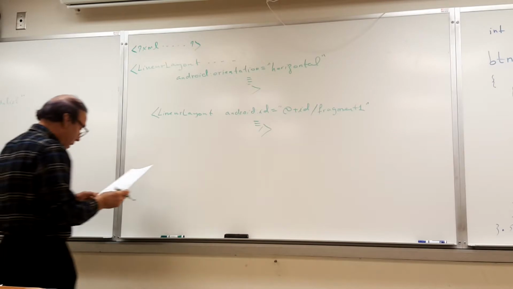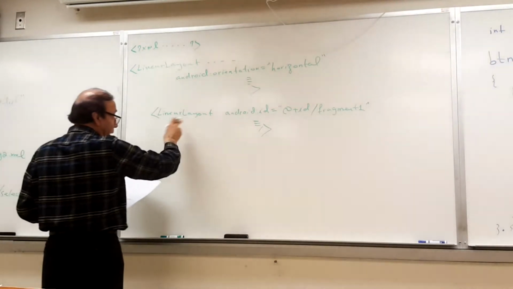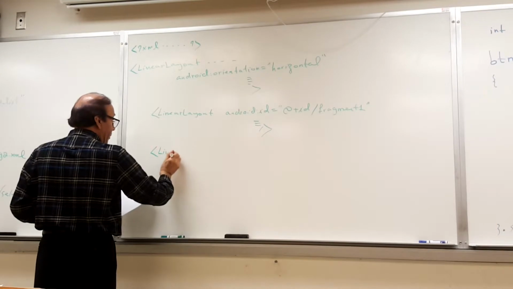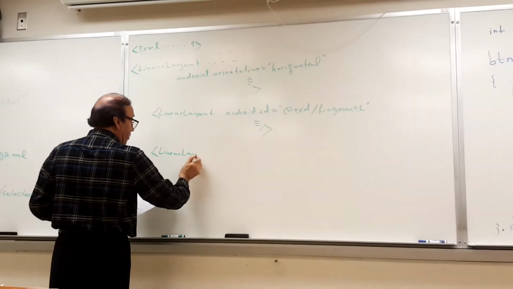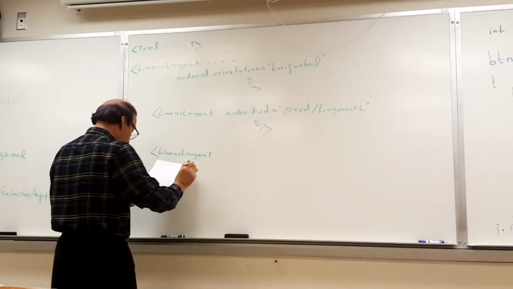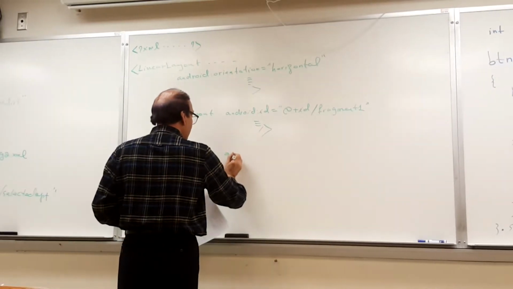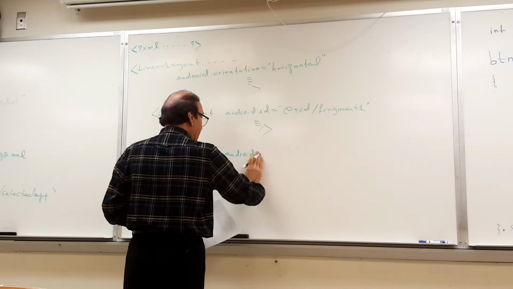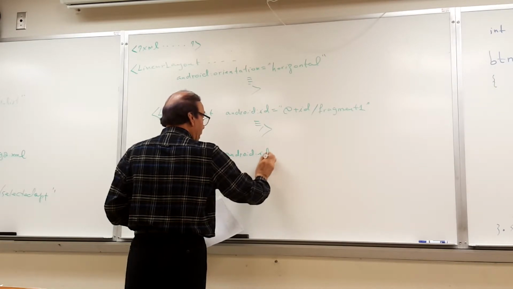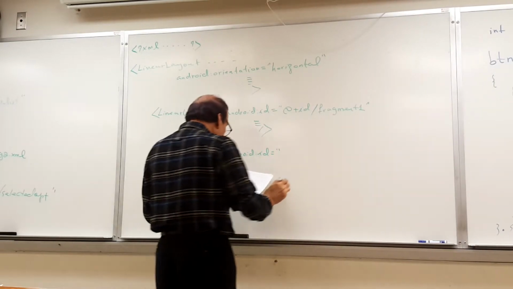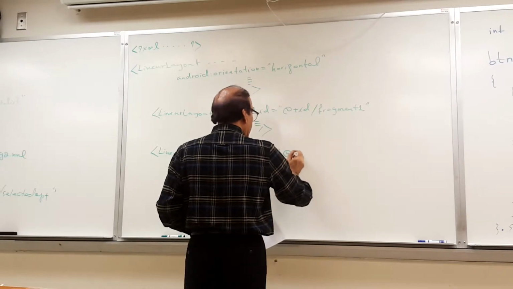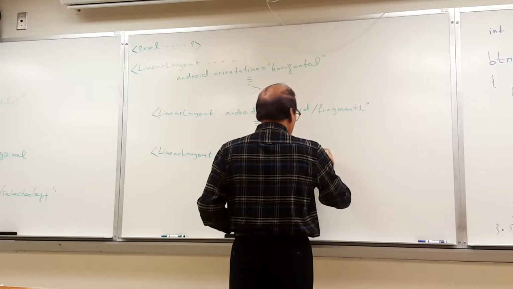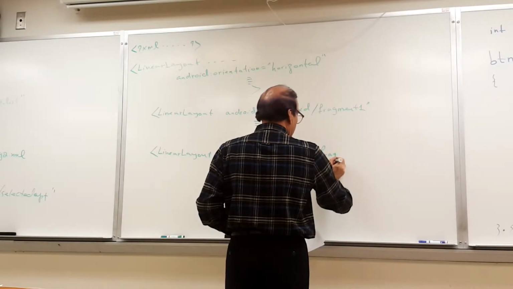We're going to have almost the same linear layout here. Another one, linear layout, Android colon ID equal fragment2.